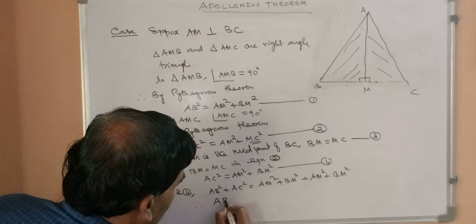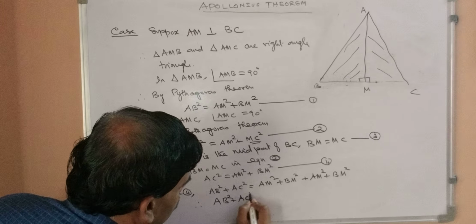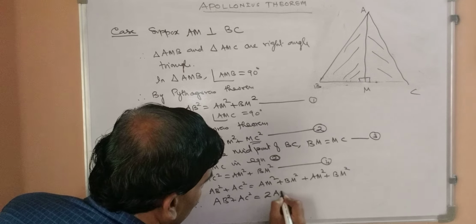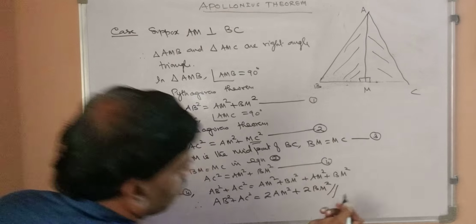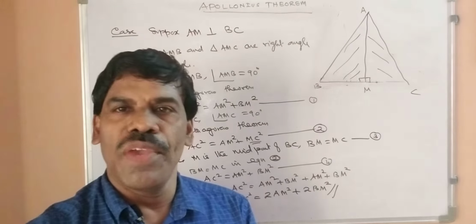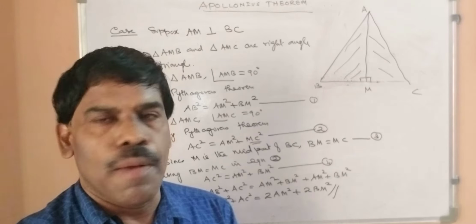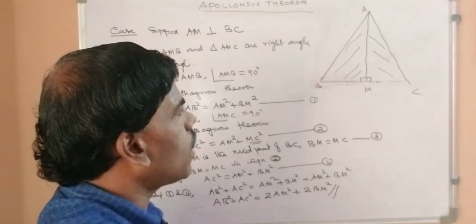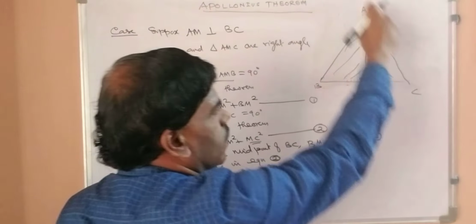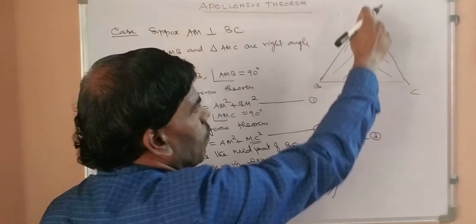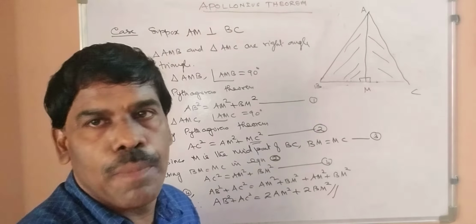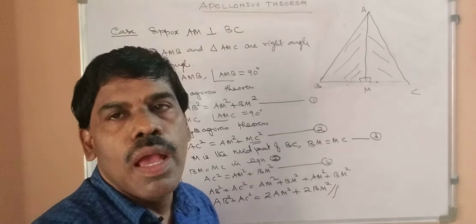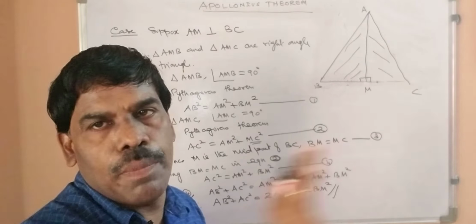Therefore, AB square plus AC square equal to 2AM square plus 2BM square. So, we have proved Apollonius theorem. Apollonius theorem means what? AB square plus AC square equal to 2AM square plus 2BM square, provided AM is the median to the side BC.